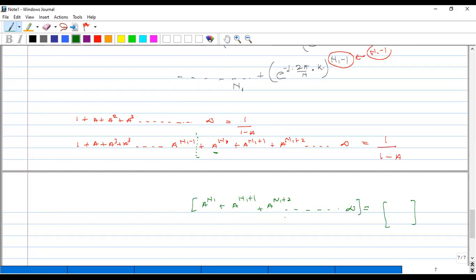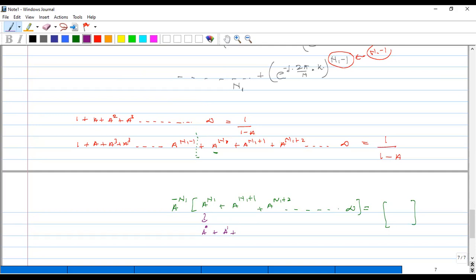Easily we can do it. If we take out a to the minus n1 here and multiply these together, this term will be a minus n1 plus n1, so this will be a0. The next will be a minus n1, a n1 plus 1, so n1 cancels out and you will have a1.